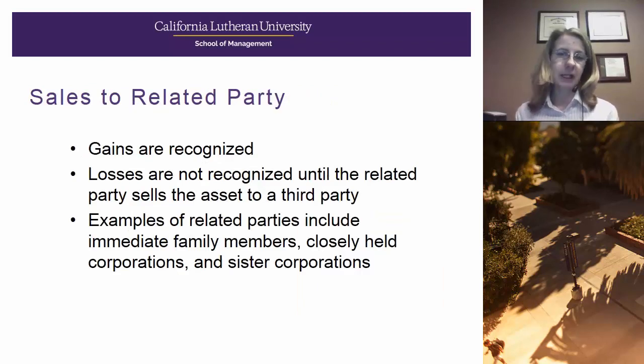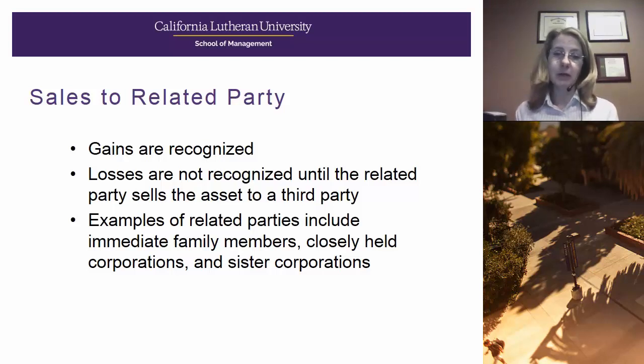Sales to related party. As the name suggests, if you sell something to a relative at a loss, that loss will be disallowed. Now, it's not just a human relative. It could be the corporation owned by a relative. And related party has different definitions depending on the provision that you're applying related party status to. So be sure you take a look at your textbook to determine who exactly is a related party in terms of people.